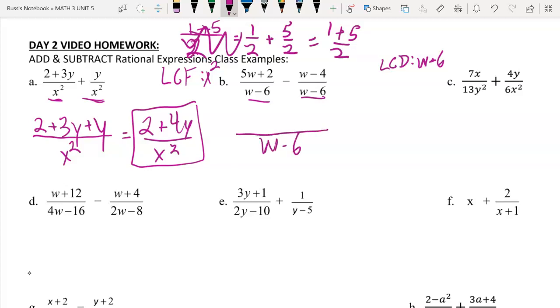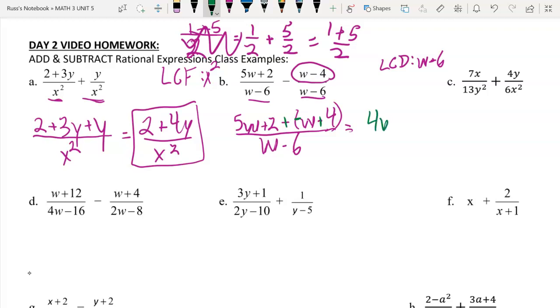But when I do 5w plus 2, I've got to subtract all of this. So in effect, all the signs, you're doing the opposite of. Instead of w, I'm going to do minus w. Instead of minus 4, I'm going to do plus 4. That's why I'm putting the parentheses, to remind us of that. You can say, add the opposites, if that'll help you.